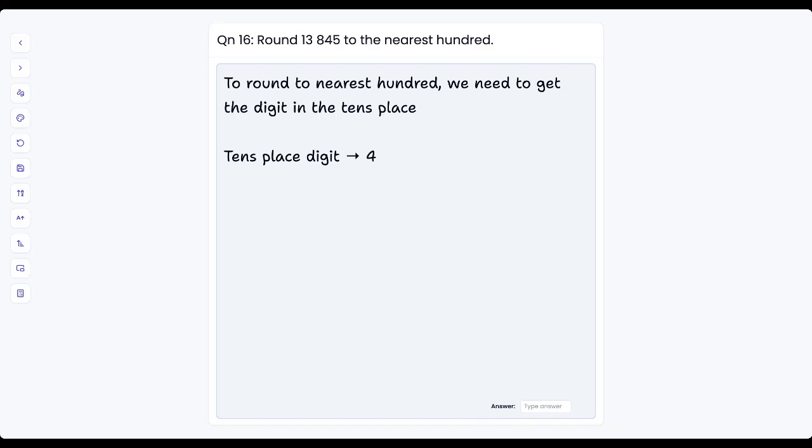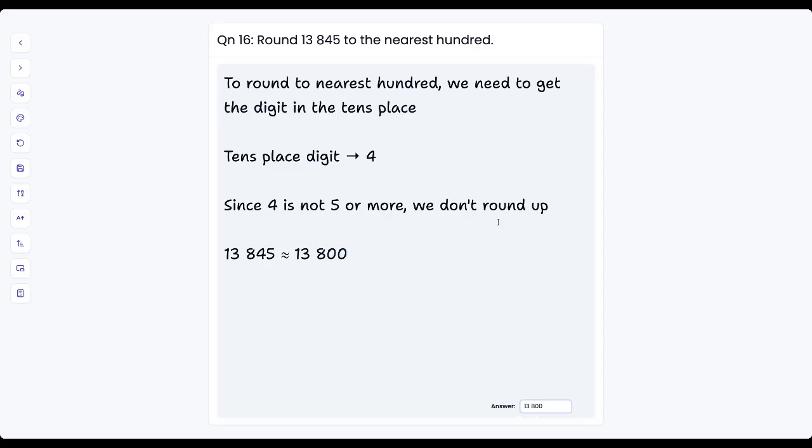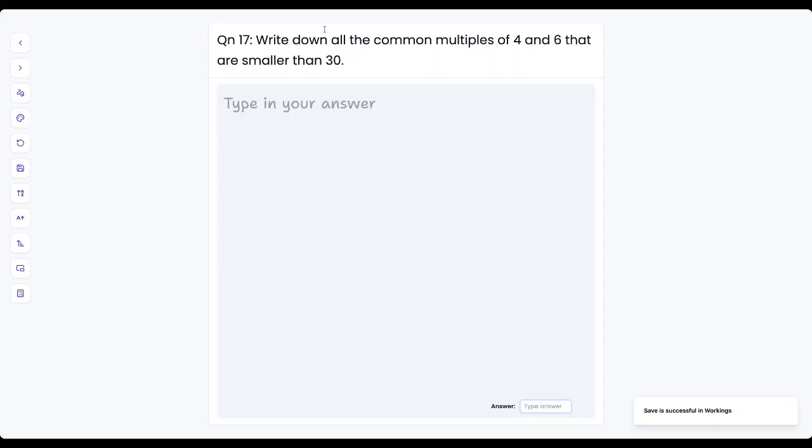So that means since 4 is not 5 or more, we don't round up. So that means 13,845 is equal to 13,800. That's it. Okay, so that's the answer, 13,800. Okay, let's move on to the next question.